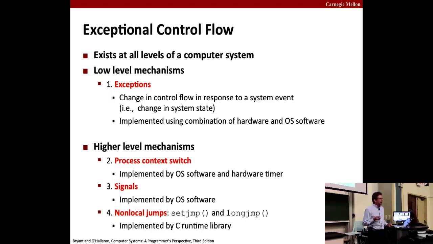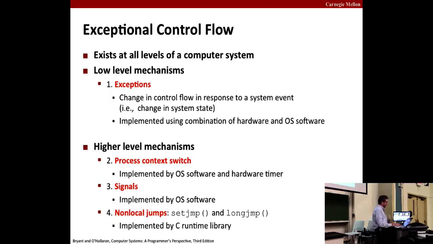As we'll see later today, you're executing your code in your current process, and then all of a sudden the system is executing code from another process, and your process gets suspended. So that's a form of exceptional control flow, where you're executing instructions within one process, and then all of a sudden you're executing instructions in another process.